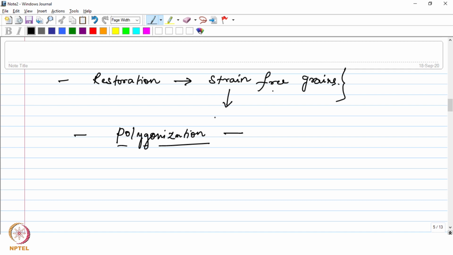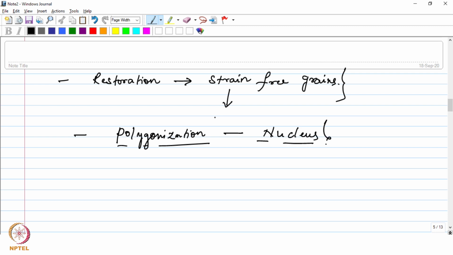Because it is a recrystallization process, right, you have to form the new strain-free grains. So you need a nucleus first, which will be free of any strain, and then as that nucleus reaches a critical size, it is going to grow and consume the strained grains. And that is how the strain-free grains will form all over the material, and it will be recrystallized, right?